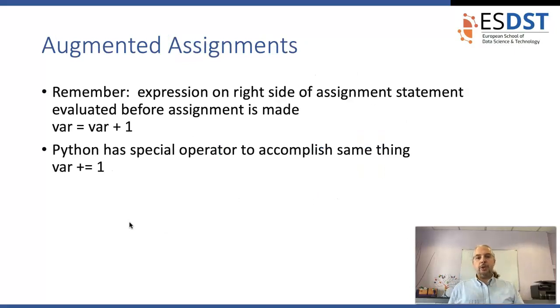Remember, the expression on the right of the assignment statement is evaluated before the assignment is made. So in Python, this allows us to create augmented assignment or compound assignment operators. What does this mean?